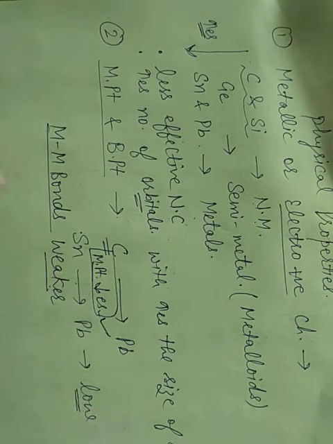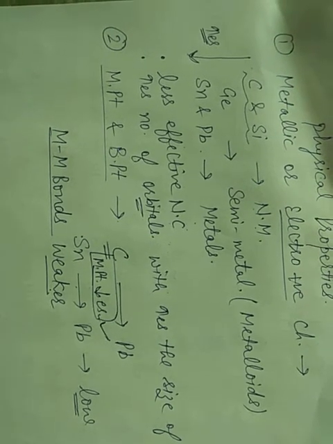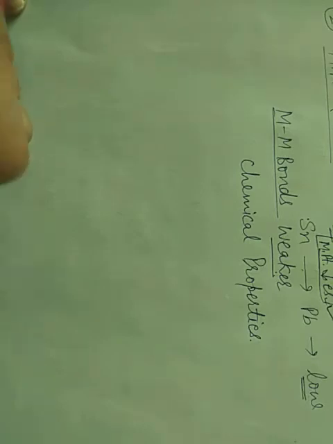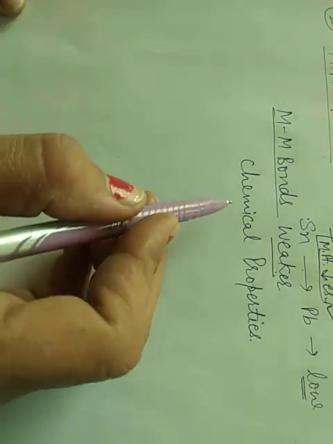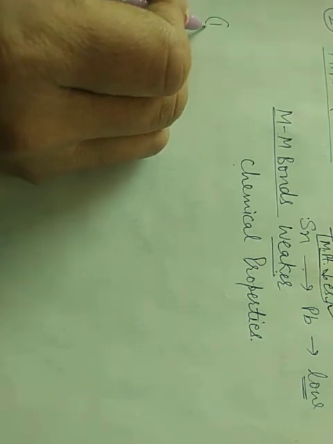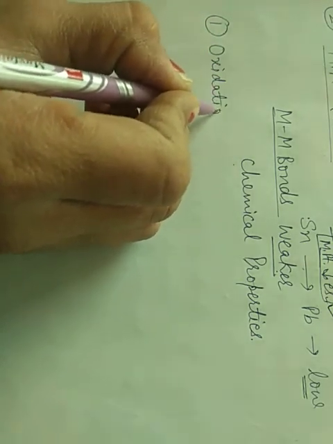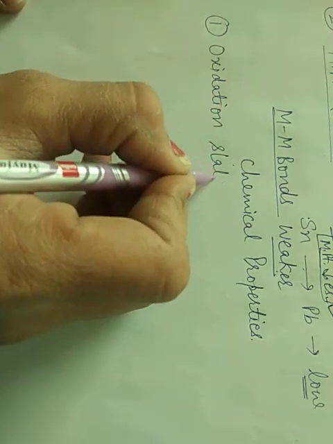Okay. Now next is chemical properties. In chemical properties, the first point is oxidation state.